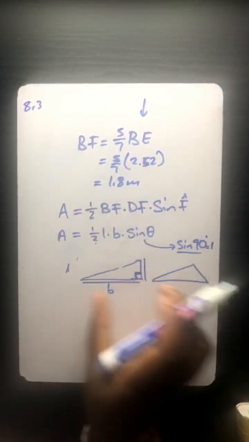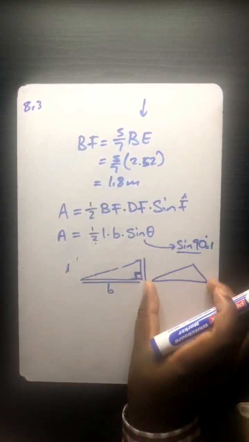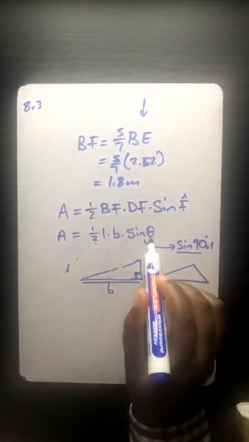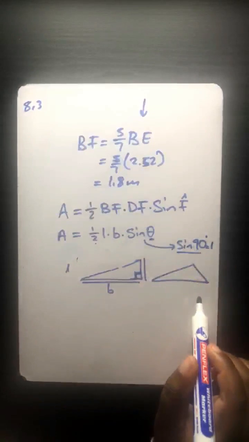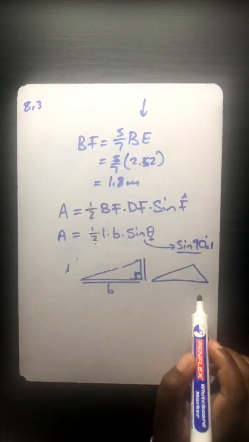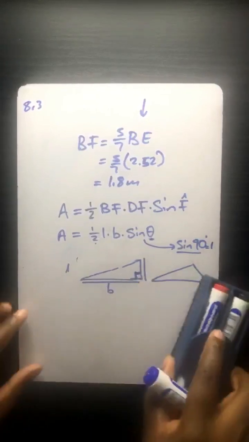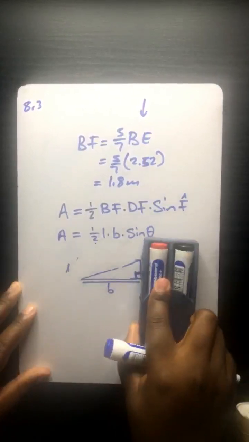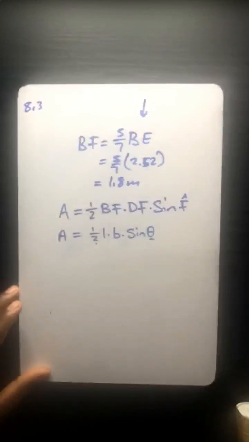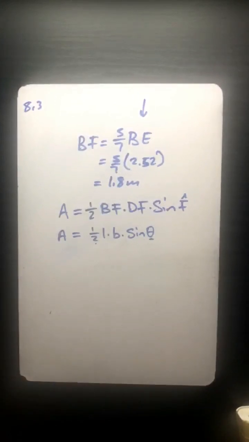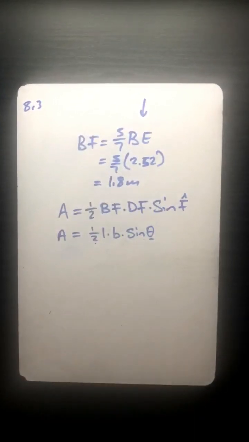But when it is not a right angled triangle, that angle is no longer 90, but it is whatever the angle. Then you substitute it there. I'm sure now you are having a better understanding of where that formula comes from.